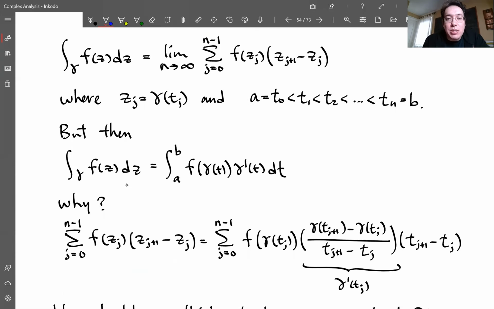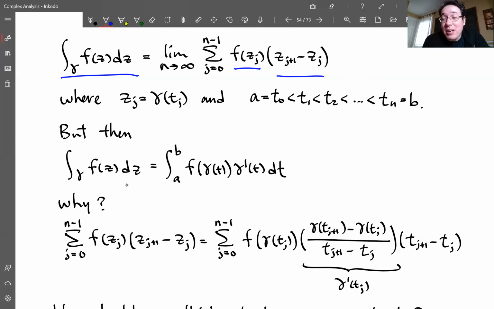What we're going to do is define this path integral, this complex integration along the curve, to be the function evaluated at some intermediate points on the curve, multiplied by the change in the location of the intermediate points.